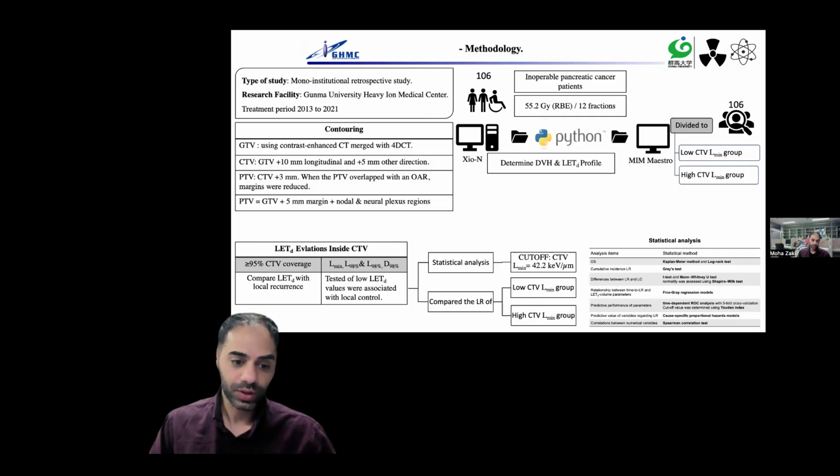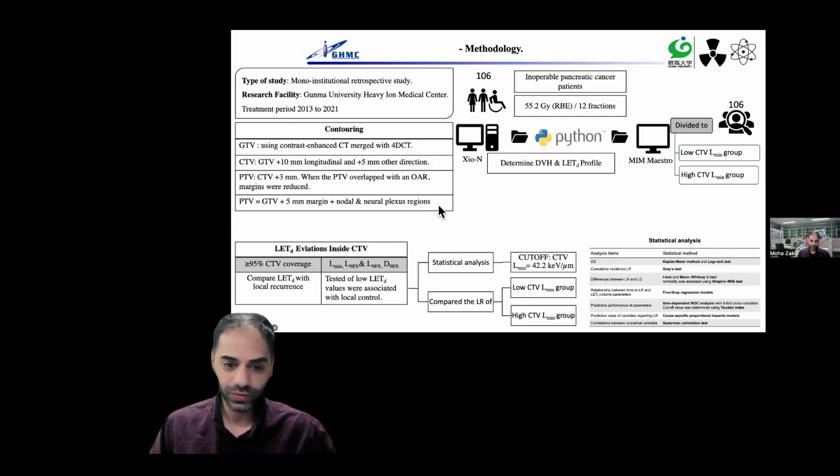For contouring, the GTV was defined using contrast enhanced CT merged with the 4D CT. And the CTV was defined by adding margin around the GTV.